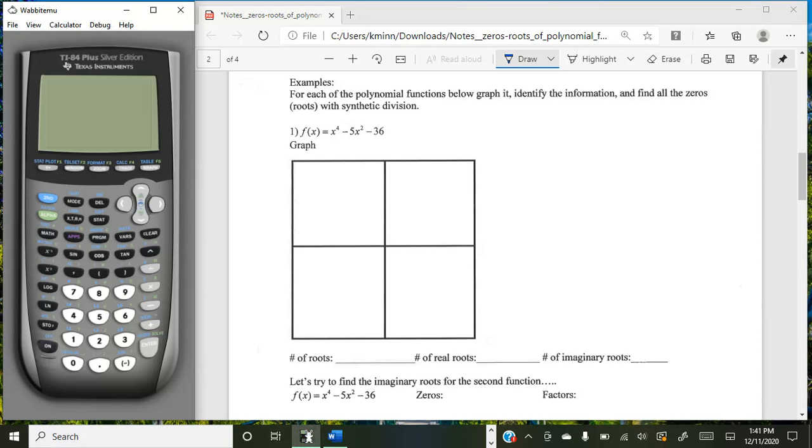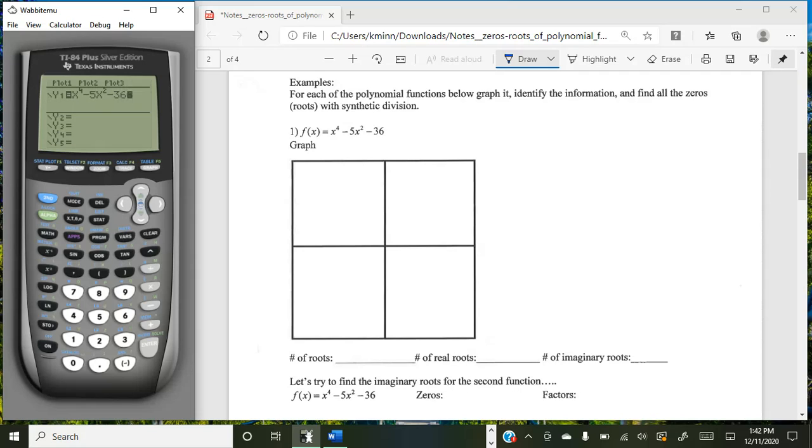On your graphing calculator, in y equals, we are going to put in our equation of x to the fourth minus 5x squared and minus 36.